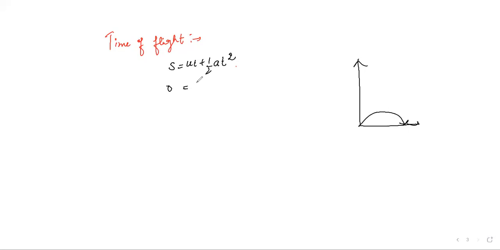So I will write here u sine theta into t plus half, and a equals minus g, into t square. Now u sine theta t equals half g t square.